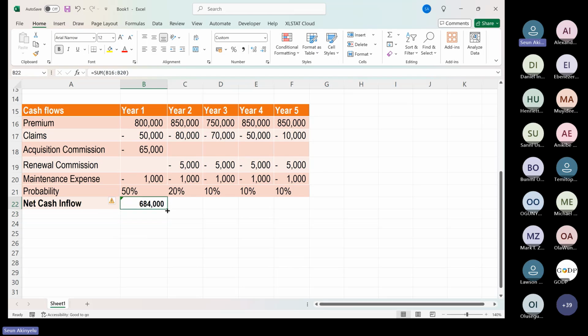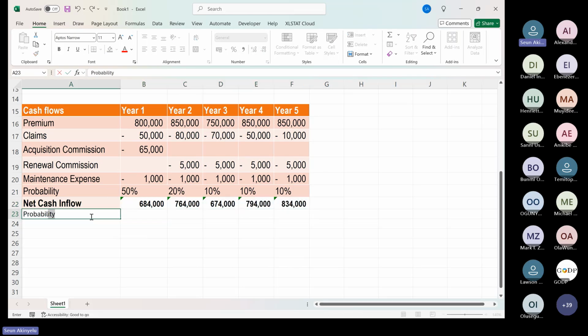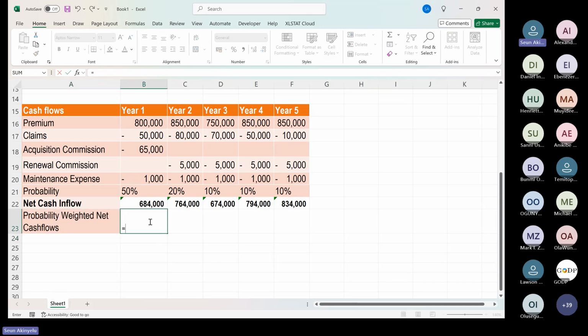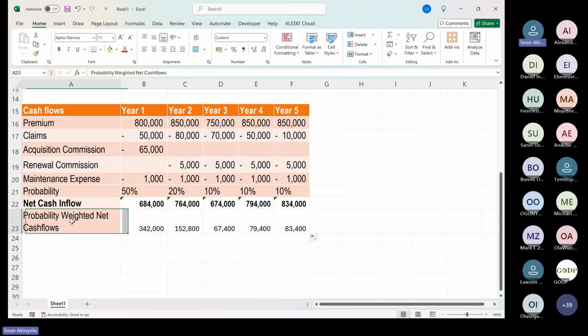So these are the amounts. Then we need to bring in the probability weighted cash flows. Probability weighted net cash flow is effectively what I have here times the probability that those payments will be like that. And I drag them down. So these are the probability weighted net cash flows.